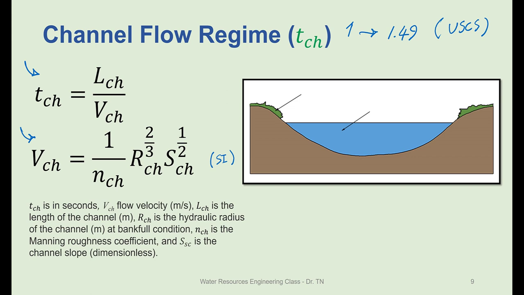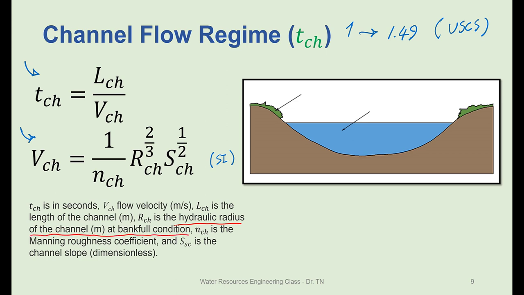Now, here, because we have a channel, because we have a defined open channel, we can calculate velocity of the channel using Manning's equation. And in Manning's equation, N represents the Manning's roughness that I showed you how you can find for different land covers. R is hydraulic radius. The point is that the R is the hydraulic radius of channel at bank full condition.